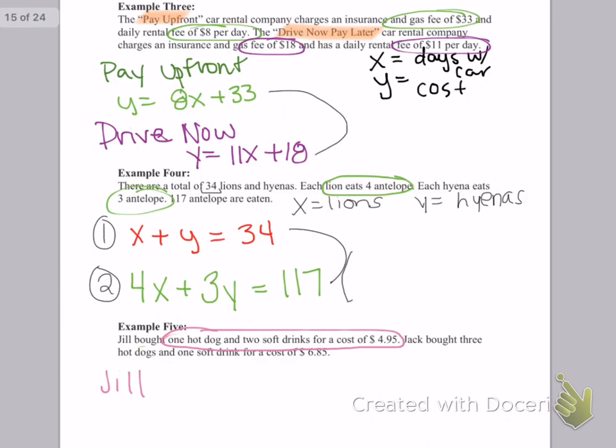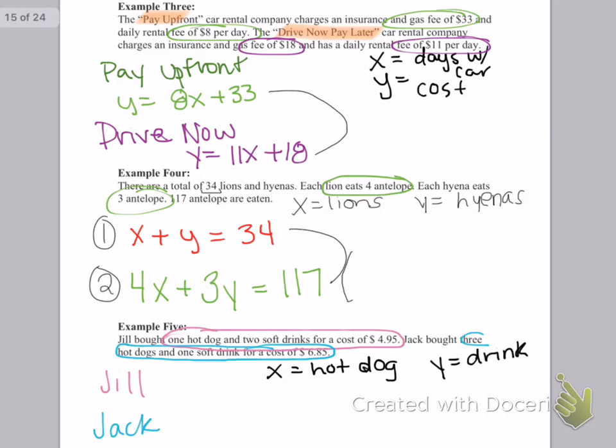And Jack bought 3 hot dogs and 1 soft drink for $6.85. So, as you guys can see, we do not know how much a hot dog costs or a soft drink costs. So, X equals your hot dog, and Y equals your drink.